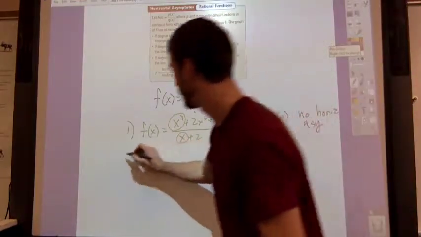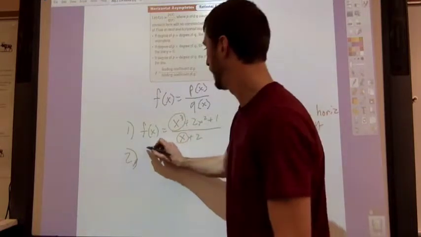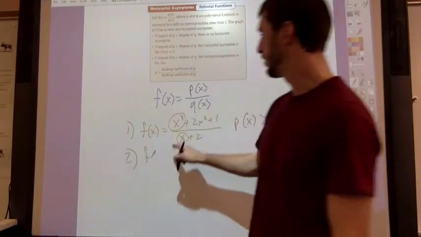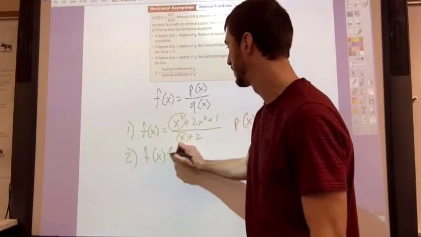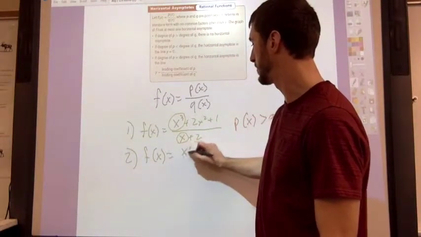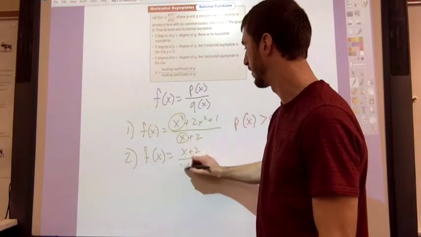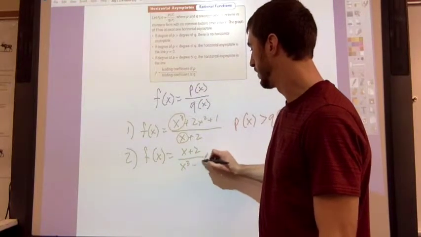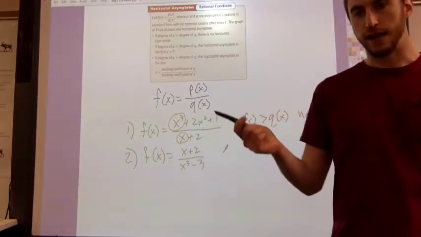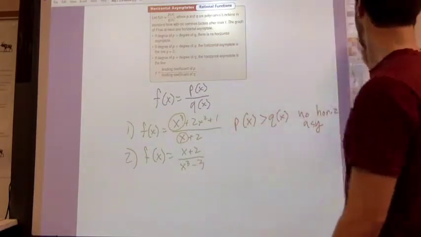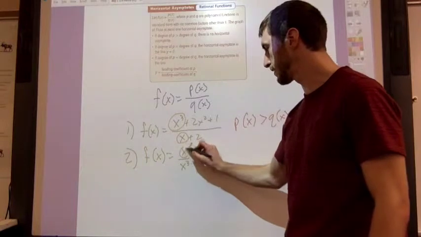The second instance is, let's say your denominator has a greater power. So let's say you have f of x equals x plus 2 over x cubed minus 3. Remember, you're always looking for the highest power. So on the top, your highest power is going to be this x.